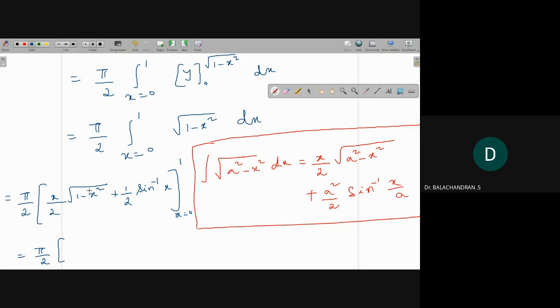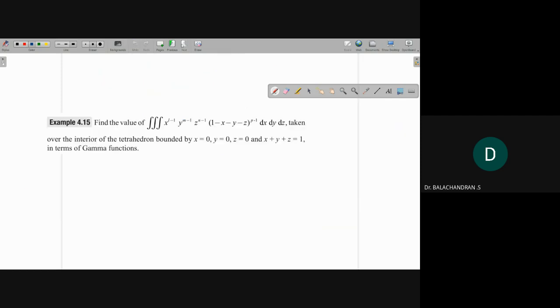If you substitute the upper limit, you will get 0 plus 1 by 2 into sine inverse of 1. Sine inverse of 1 is what? Pi by 2. So the upper limit is over, minus the lower limit, which is 0 plus 0. So this is pi square by 8.